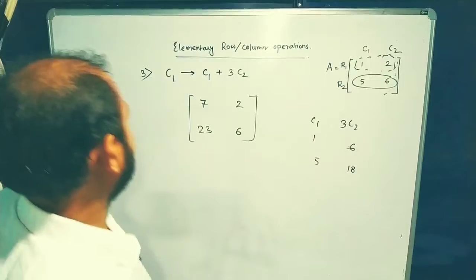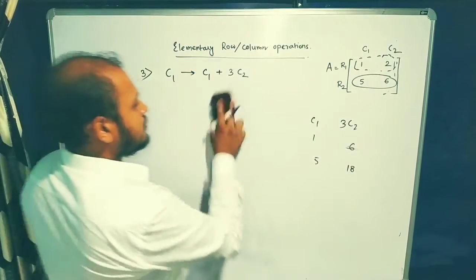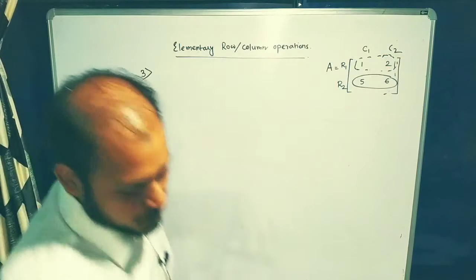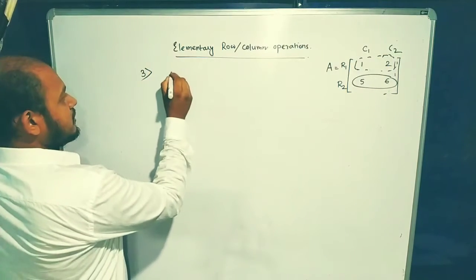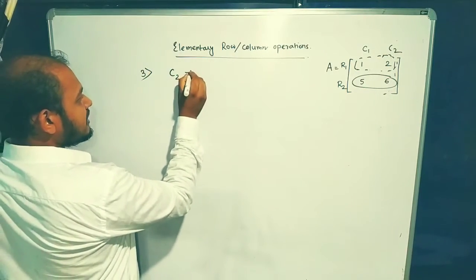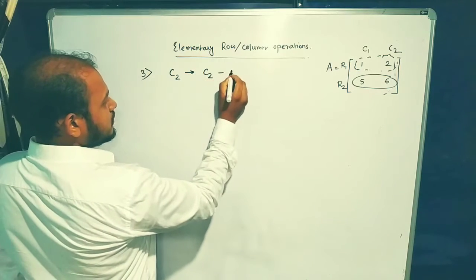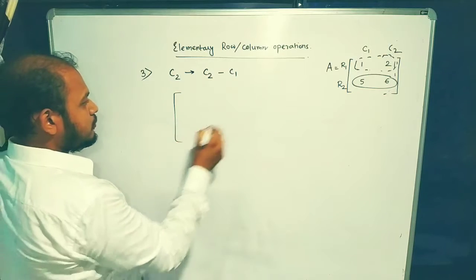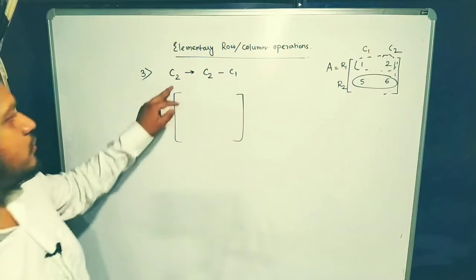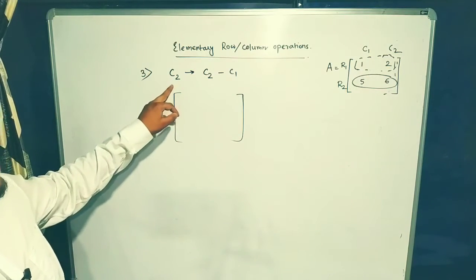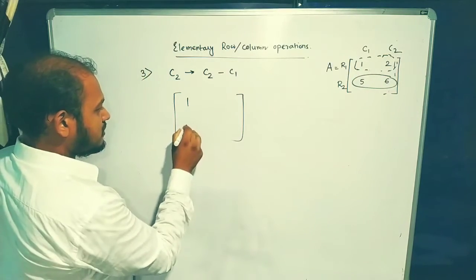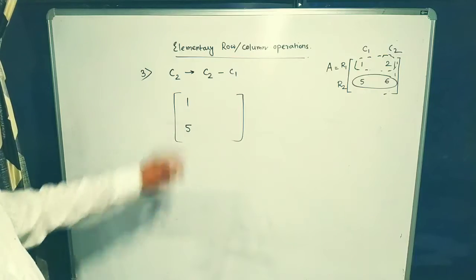Let us look at another example. I'm solving so many examples because it is very important that you understand it properly. For example, let us say C2 gets changed to C2 minus C1, for example. So right away you notice that only C2 is getting changed in this position. C1 remains the same. So let's write C1 as it is, because C1 is not changing, only C2 is changing.